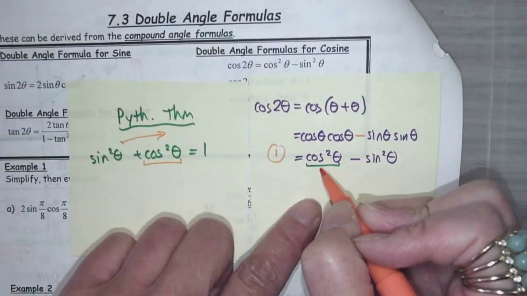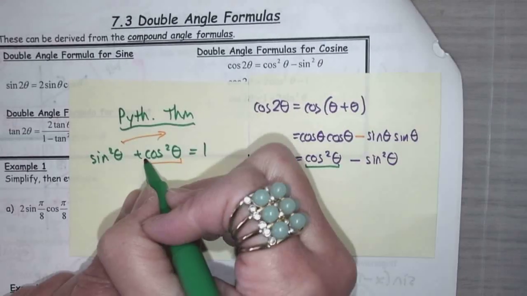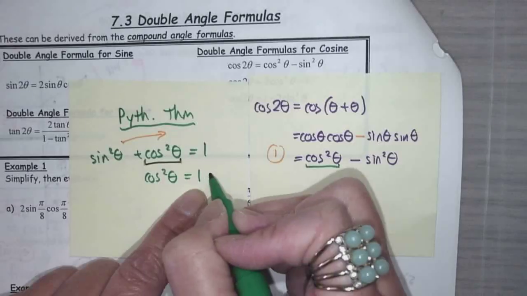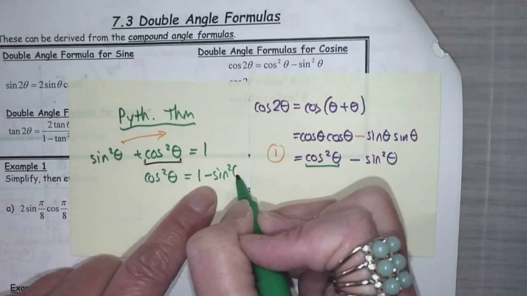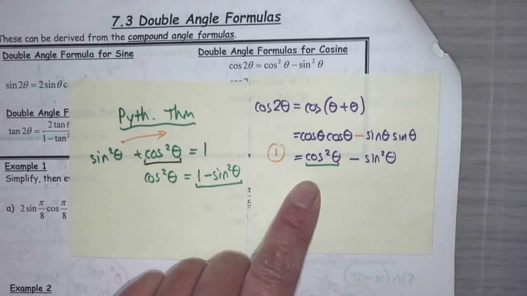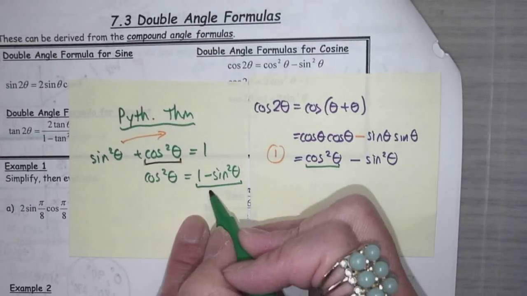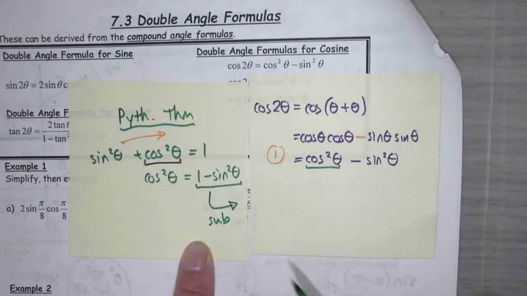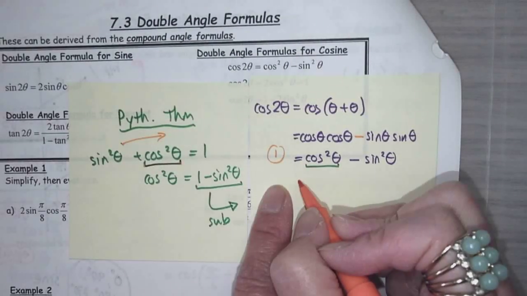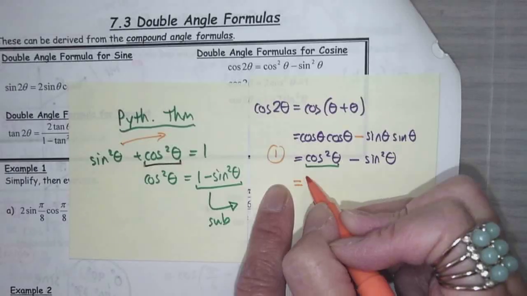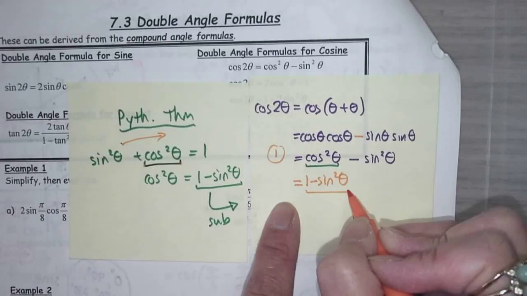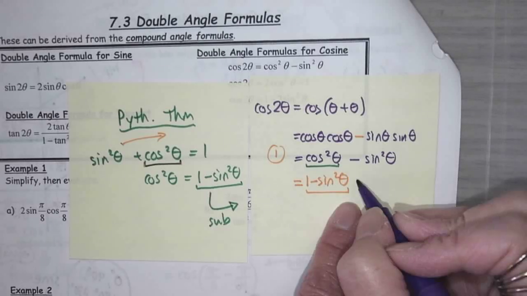I'm isolating for this cos squared, so I'm getting cos squared theta equals 1 minus sine squared theta. So this goes in here. We're going to sub that in, and that will be equal to 1 minus sine squared theta, right? That's this part. This part's still sitting here.